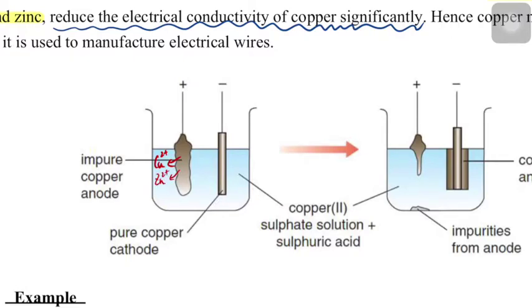Okay, so these are quite reactive metals, so they're going to form ions in the electrolyte, losing electron. And for gold, silver, or platinum, they will not readily lose electron, so they would just fall down as impurities, and you would find maybe some gold or platinum here. Okay.